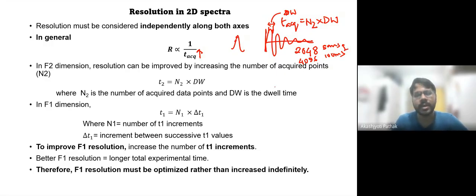But when you are increasing the T1 increments in the F1 dimension, it can result in the experiment time getting much longer because of these T1 increments. Therefore, the F1 resolution must be optimized rather than increased indefinitely. We cannot indefinitely increase the number of T1 increments, because that can result in longer total experimental time. So that is why we have to optimize this.